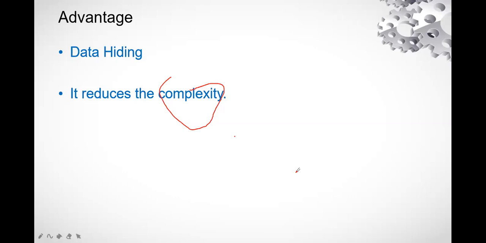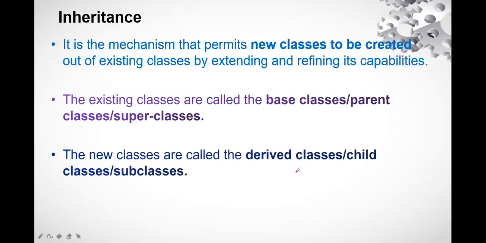Well, moving to the next feature, which is inheritance. What is inheritance? You must have heard of a basic thing, that this child has inherited the features or characteristics of her parents.